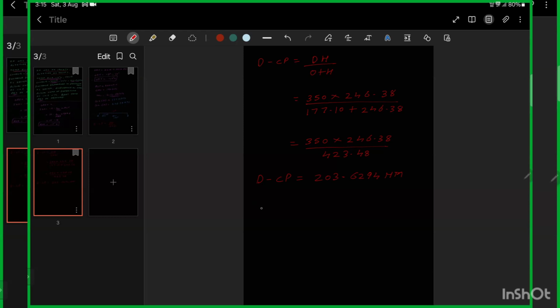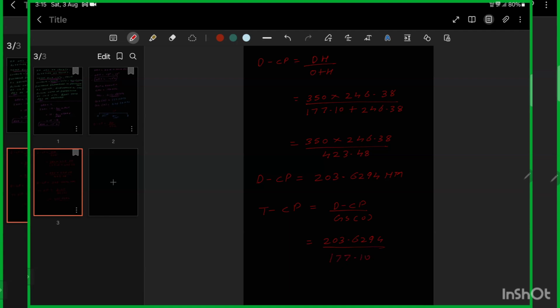Now next what will we find out? Time to CP. What is the formula for time to CP, tell me? Distance to CP upon ground speed out. So what is the distance to CP? 203.6249. What is the ground speed out? 177.10.